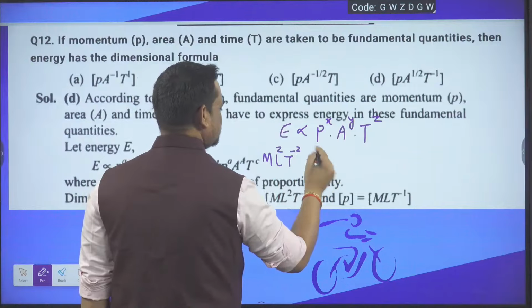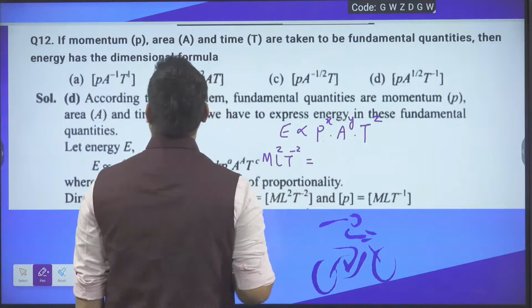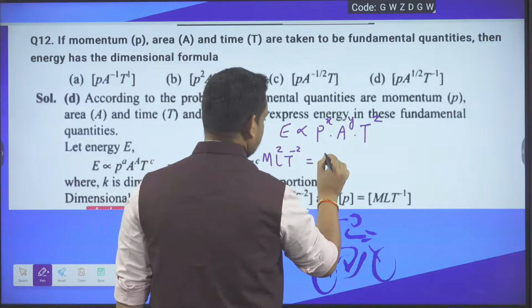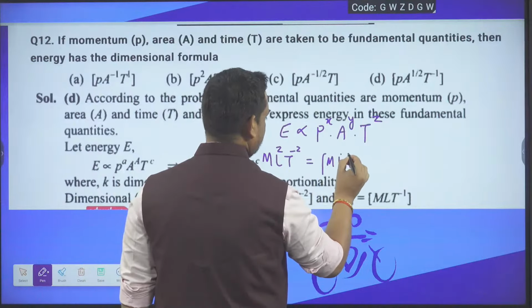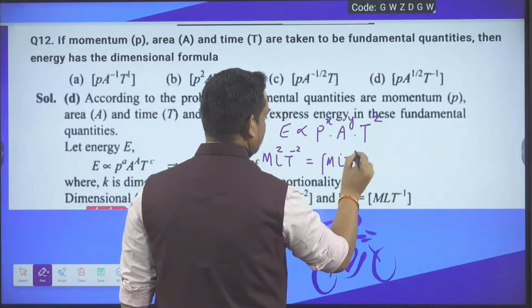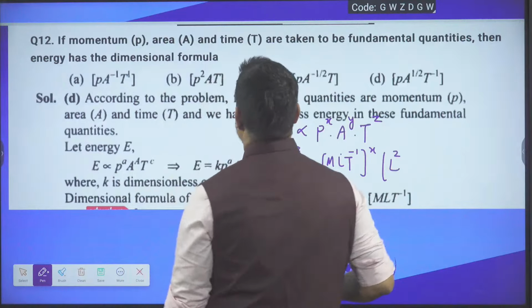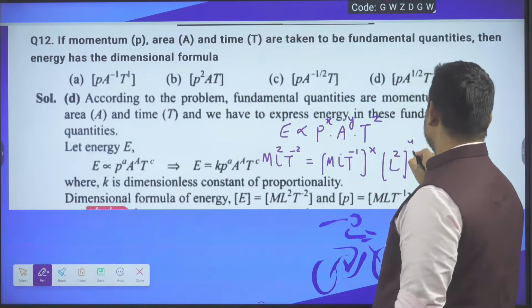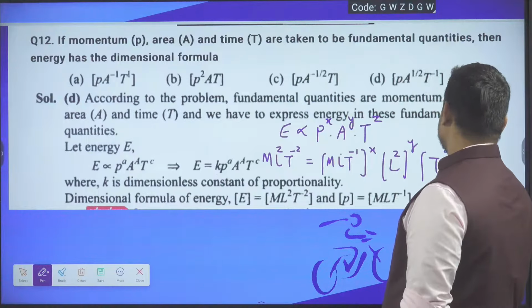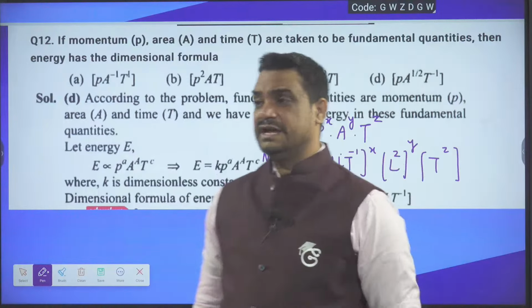Some constant will be there, so I'm going to ignore it here. P is the momentum, which becomes (MLT⁻¹) power x. A is the area, (L²) power y. This is T power z. Then you have to figure out the x, y and z values.